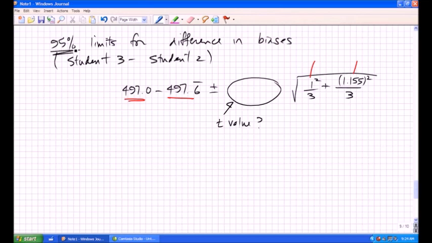If we're going to make 95% limits, we want an upper 2.5% point. What about degrees of freedom?